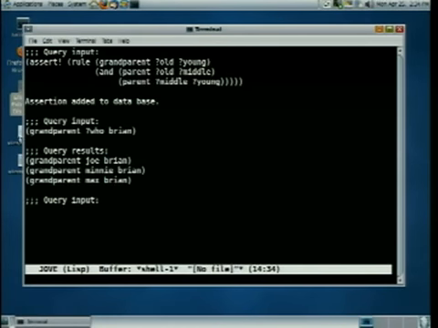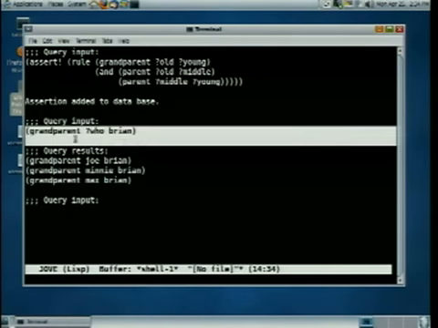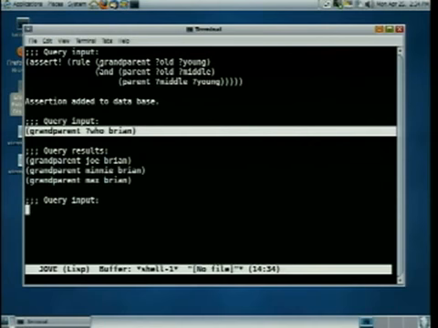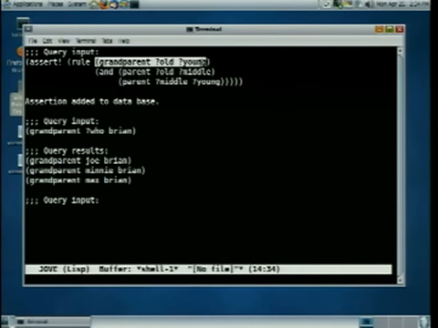So my query was grandparent question mark who Brian, and this rule says grandparent question mark old question mark young. Do those match? Yeah, they do. Grandparent matches grandparent.